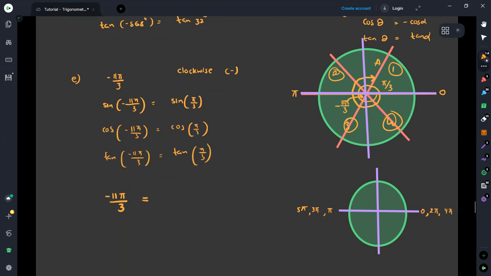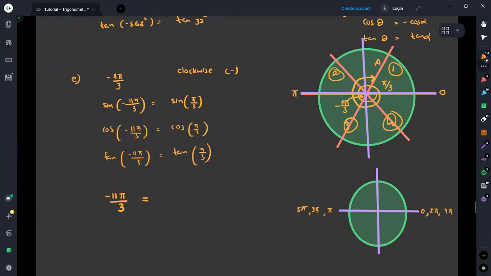Likewise, we know that 0 and all the even multipliers of π would be on the right side of this straight line, and the odd multipliers of π would be on the left side of this line.